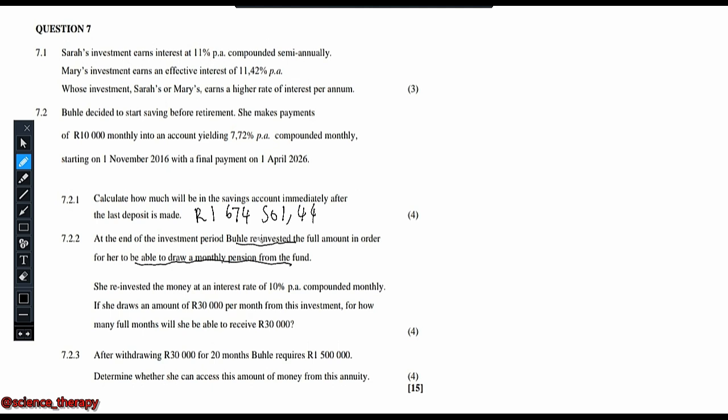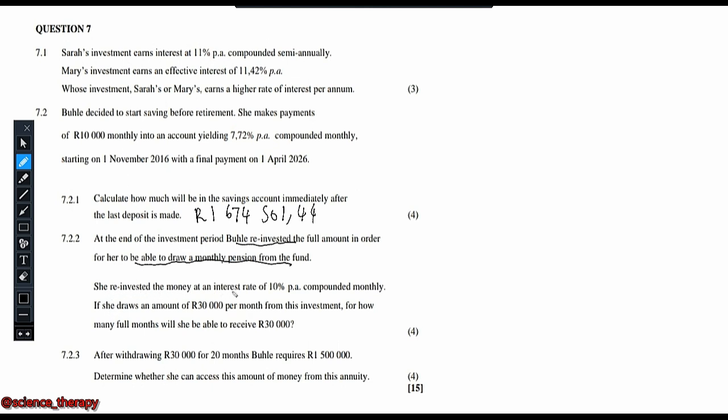If there's an increase in the annuity value, that's future value. So right now she's only reinvesting the money, but only for the purpose of withdrawing every month, right? So understand that if she's now withdrawing from the pension fund, that means it's now present value because there will be a decrease in that annuity, right?